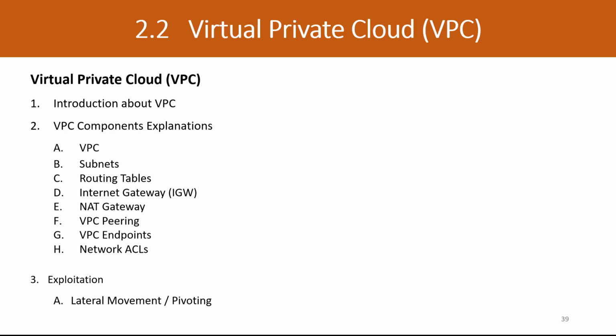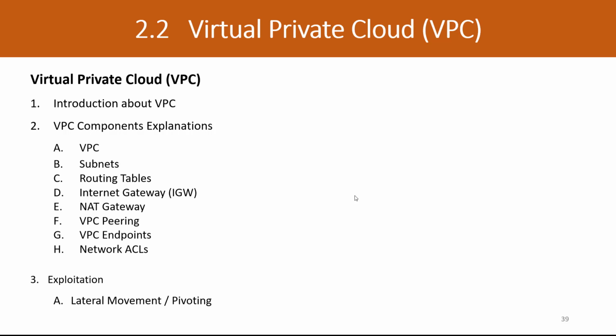So let's discuss what the components in VPC are, and how we can misuse and exploit those services. First we'll discuss the introduction. You can see here we have divided it into three sections. Second, we are discussing the components of VPC: subnet, routing tables, internet gateway, NAT gateway, peering, endpoints, and network ACLs.